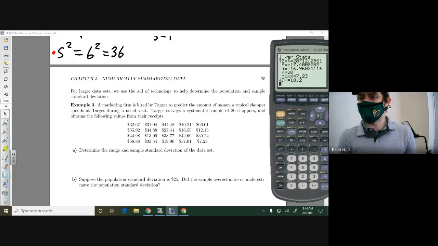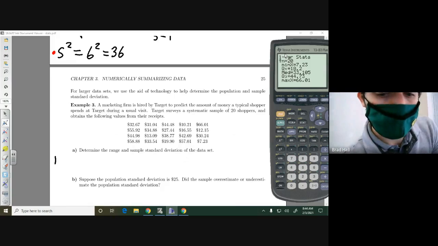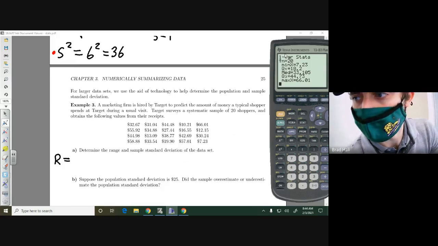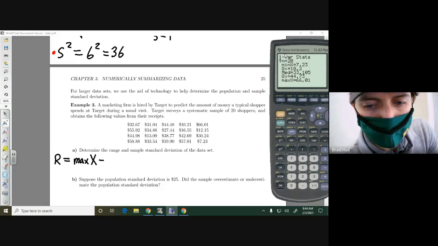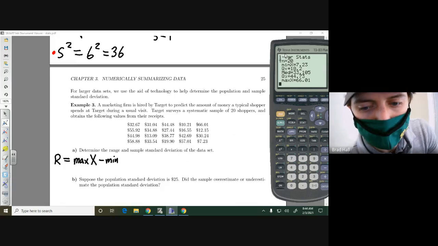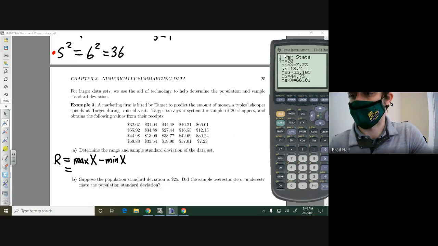I don't see the range on here. But they make this very easy for us. They don't give us the range, but they do give us the maximum value, and they give us the minimum value. So we can figure out the range on our own, because that's just a simple subtraction.